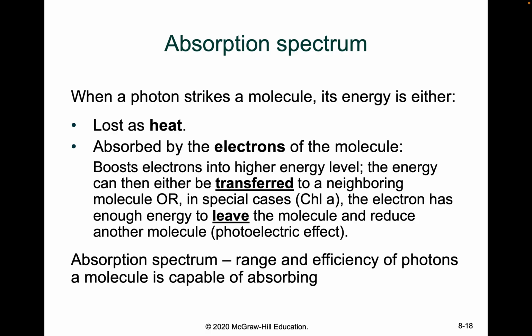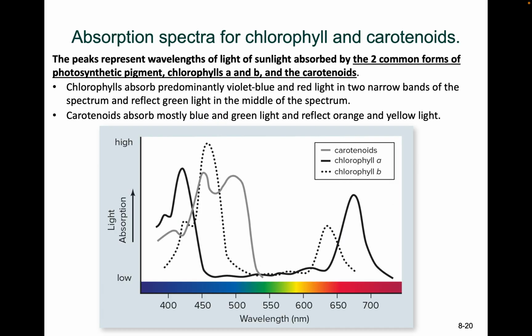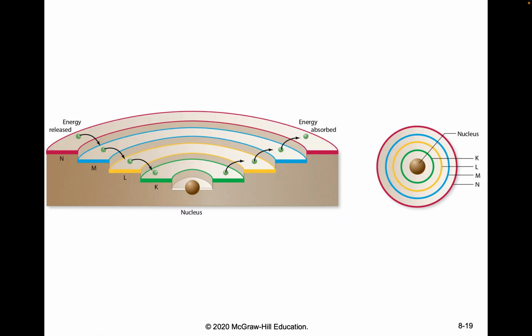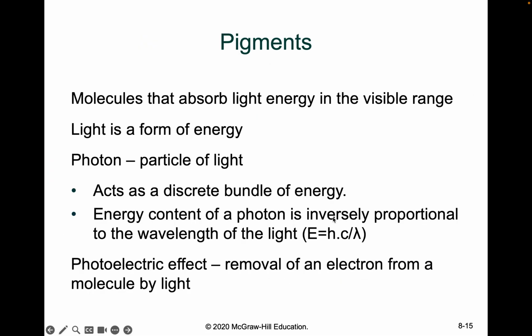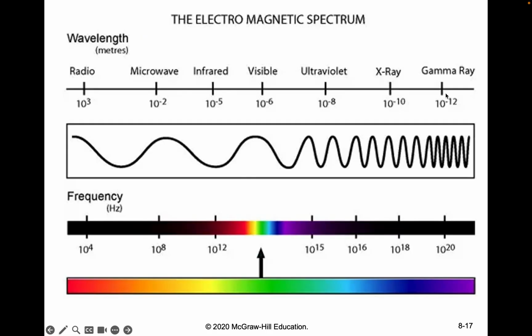These pigments are the ones able to trap this light and convert it into energy. But as I said before, they only absorb light energy in the visible range. That means they're picky. They're not going to absorb photons with energy outside that range, whether too low or too high.